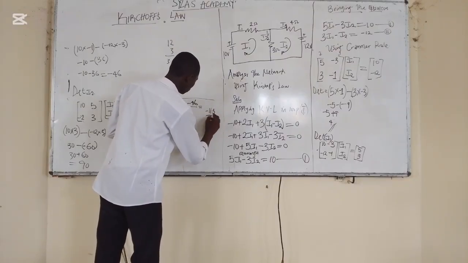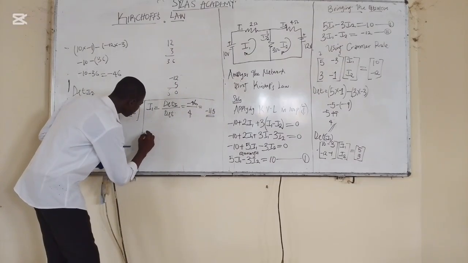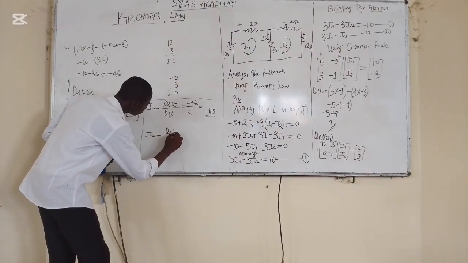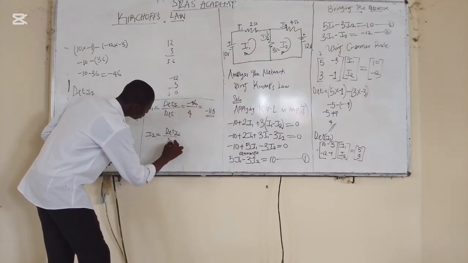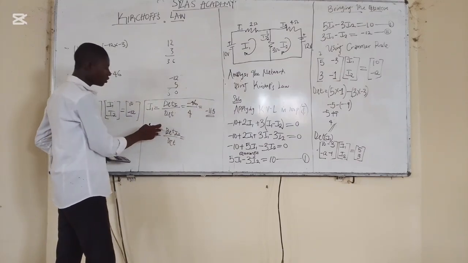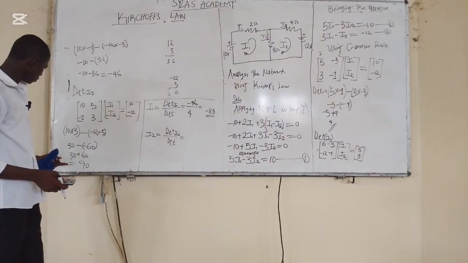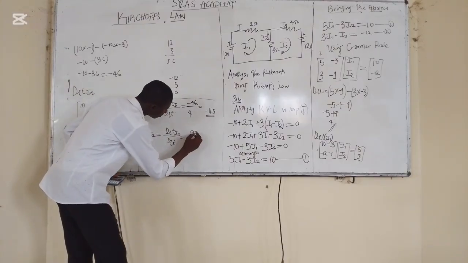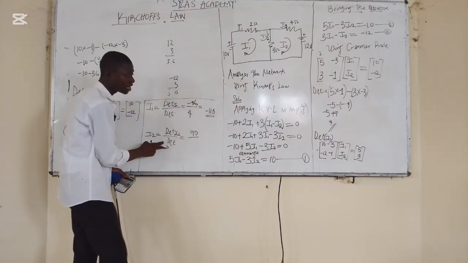That's for your I1. Now I2 is equal to your delta 2 over your real determinant. Delta 2 is 90. That is 90 divided by your real determinant, which is 4.